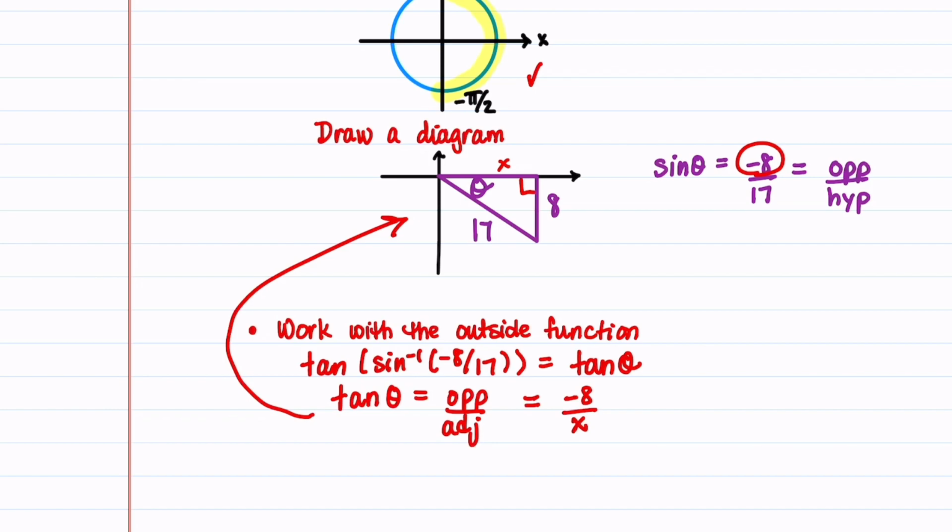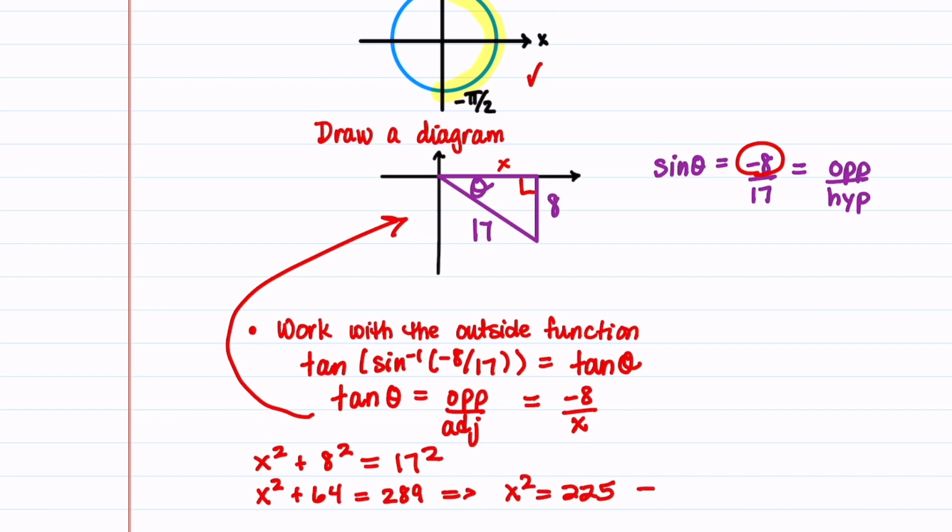So the Pythagorean theorem states that x squared plus 8 squared is 17 squared. This gives x squared plus 64 is equal to 289, which gives us x squared is 225. When we take the square root of both sides, we get x is equal to 15. We then plug that back up into our answer, and we find that tangent theta is -8 divided by 15.